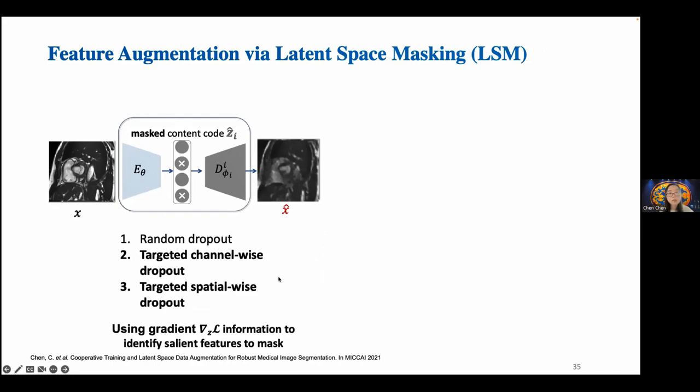In particular, we introduce three different types of perturbation, including the very popular random dropout, which randomly drops out a particular channel at a probability of P. The other two are more aggressive, yet more challenging: the so-called targeted channel-wise dropout and targeted spatial-wise dropout, where we utilize the gradient information to identify those salient features to mask. I will give you an example of how we do it in the next slide, okay?